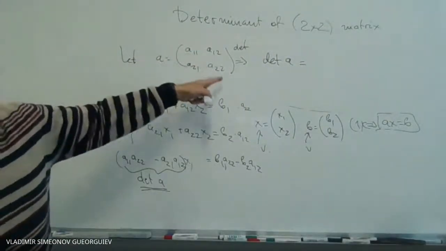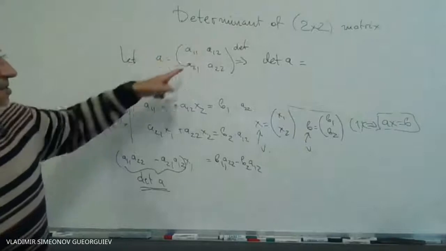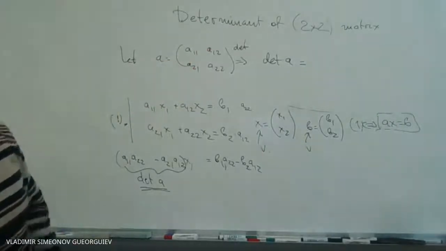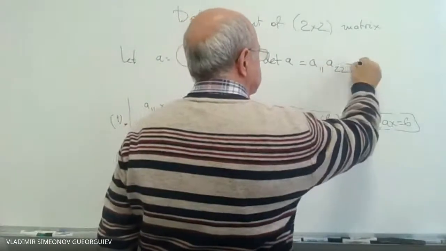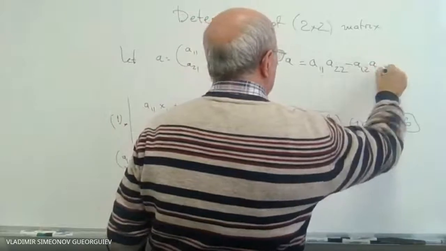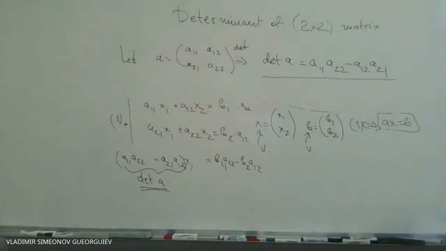So we take the product over the diagonal minus the product over the anti-diagonal. So we have A11 A22 minus A12 A21. This is our definition of the determinant, and this coefficient, the determinant, in a natural way appears in the system of linear equations.